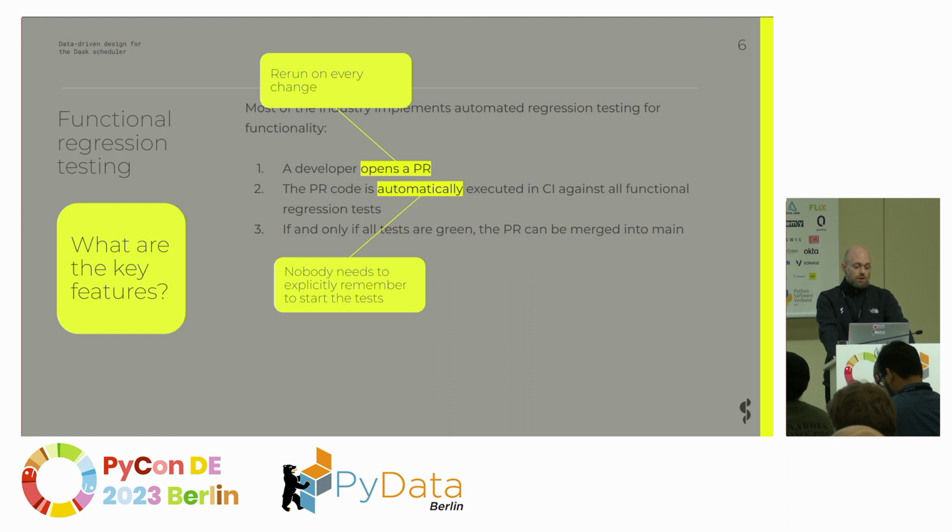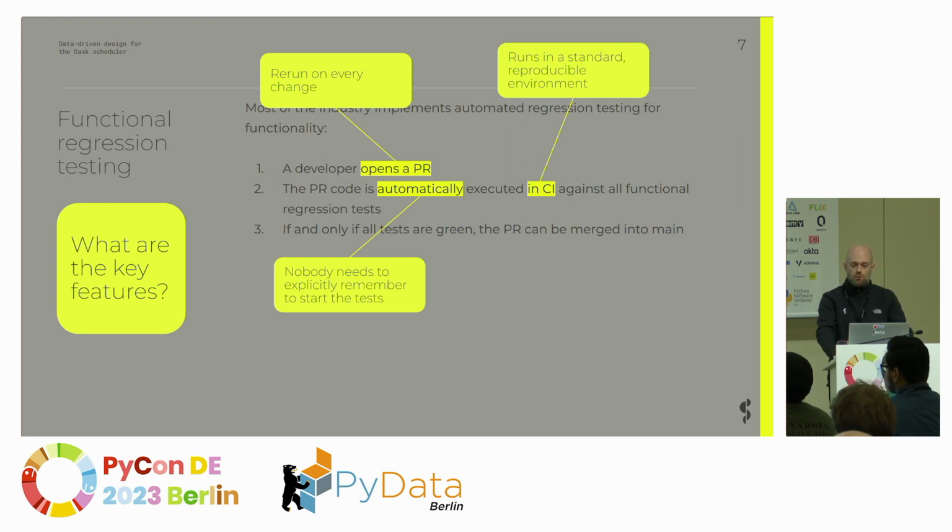Another key feature of functional regression testing is nobody needs to remember to start it. It just does it. You open the PR, regression testing starts on its own, and you will get a red or green light on its own. Another thing is that it runs on CI, which is a standard environment. You know it's reproducible. You can run it 100 times, you will get the same results.